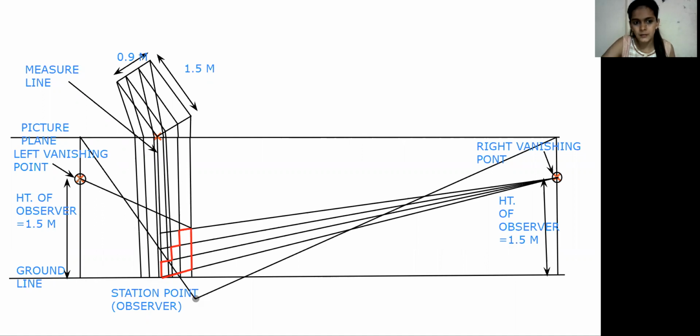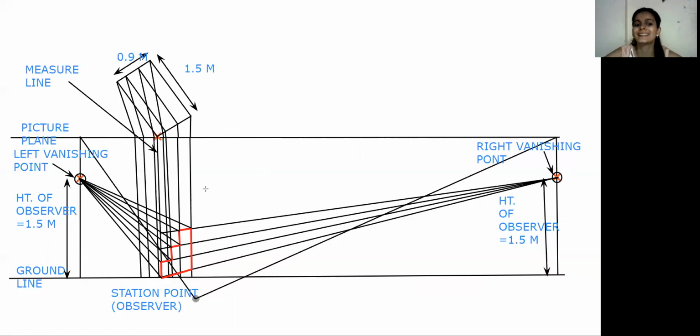So 1, 2, 3, 4, 5, 6, and 7. Okay, so here all the projections are drawn, and actually your perspective view is also ready.